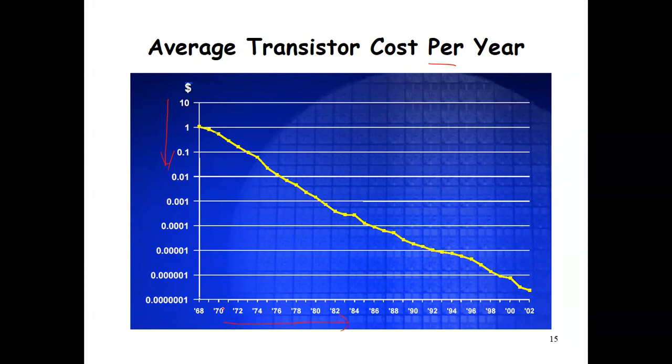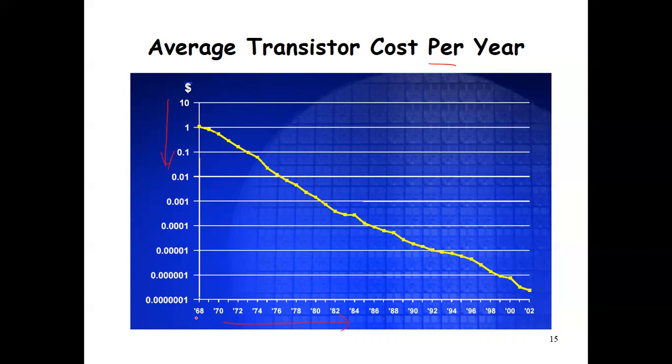As the years go on, the cost of the transistor is gradually decreasing. Okay, the cost is decreasing.